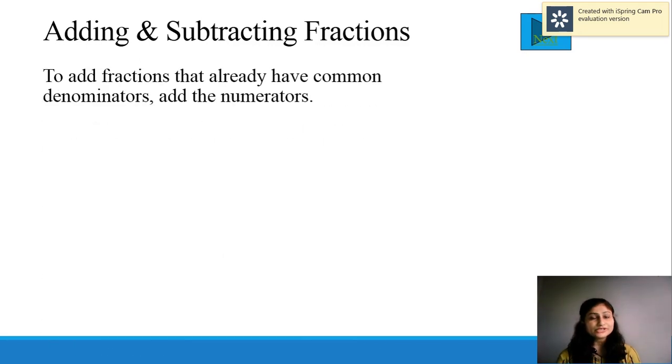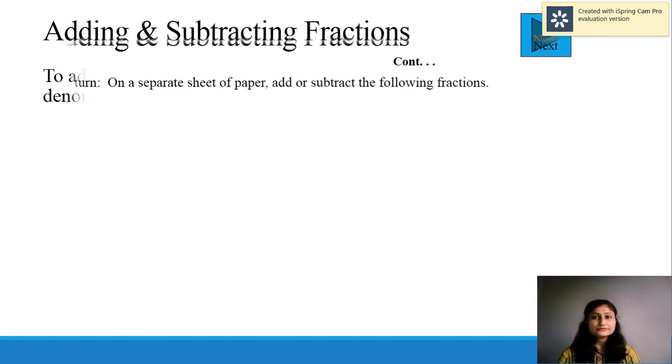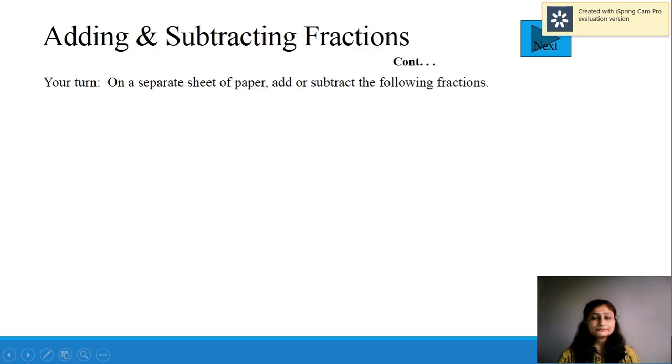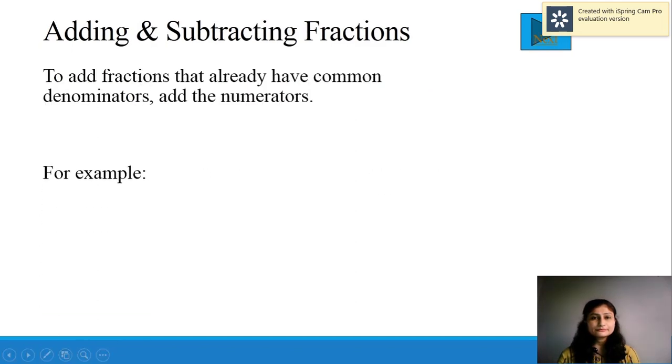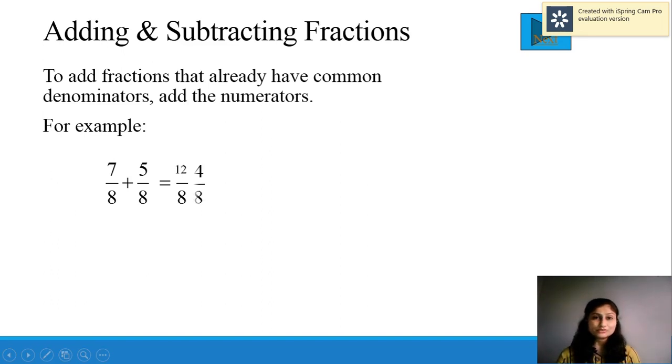To add fractions that already have common denominators, add the numerators. We'll learn it using examples. For example, 7 upon 8 plus 5 upon 8 is equal to what? Yes, it is 12 upon 8.